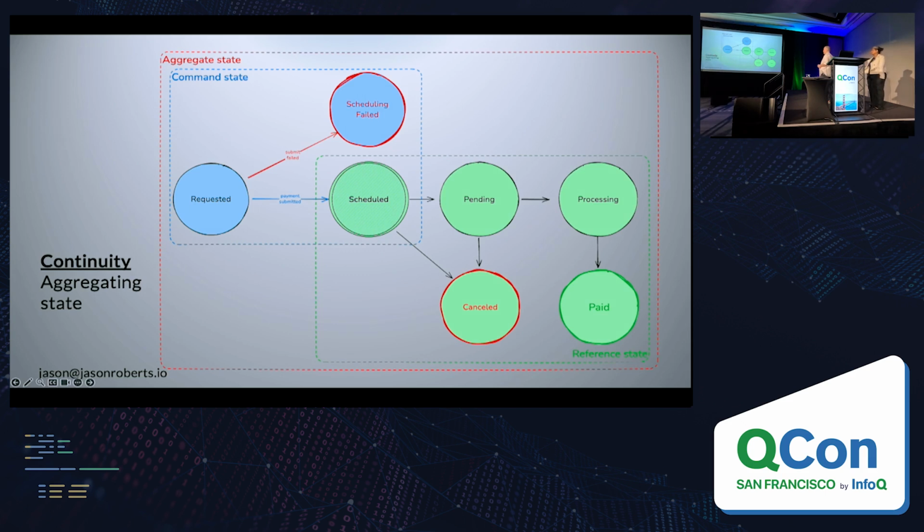And the important point here is the continuity that this brings. We talked about how entities are defined by identity and continuity. The identity to make sure that the reference aligns with the command, and to make sure that the status, the continuity, aligns with the customer's understanding of what they asked for.